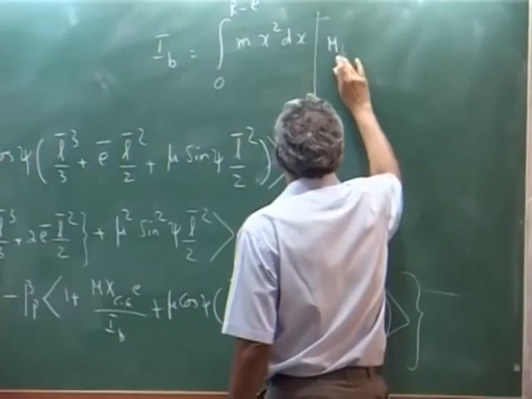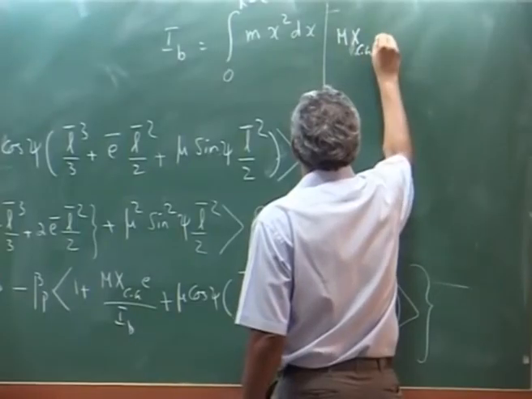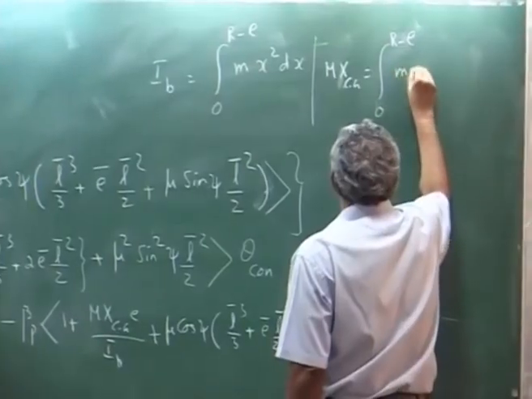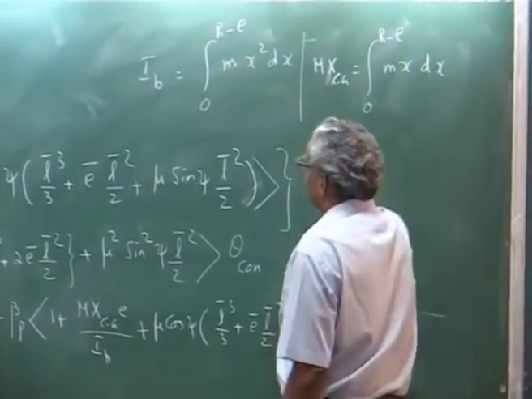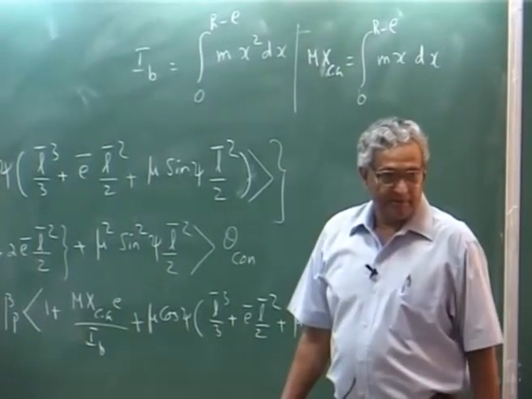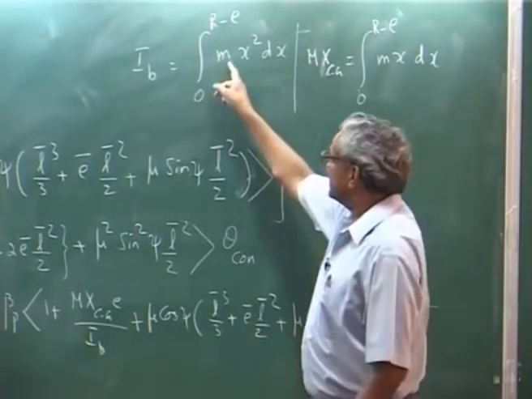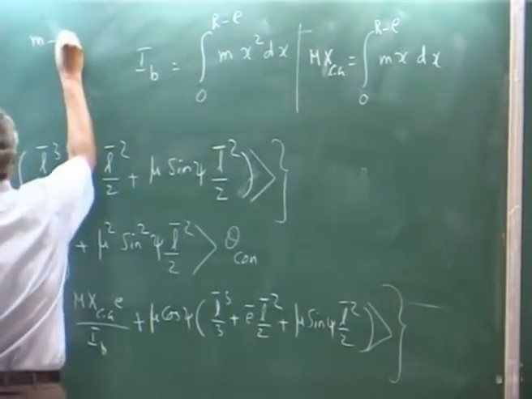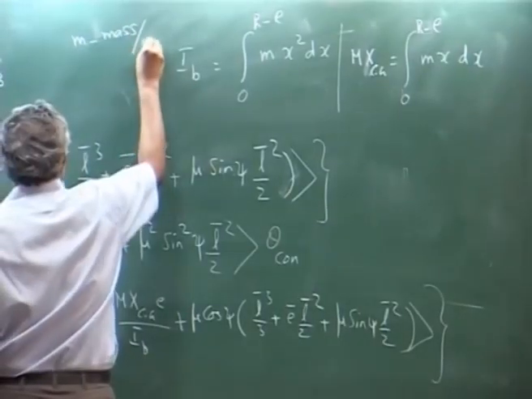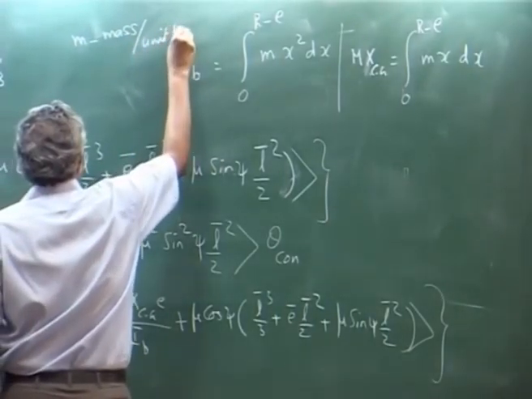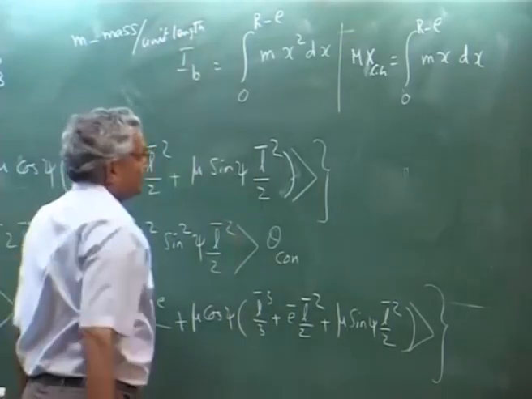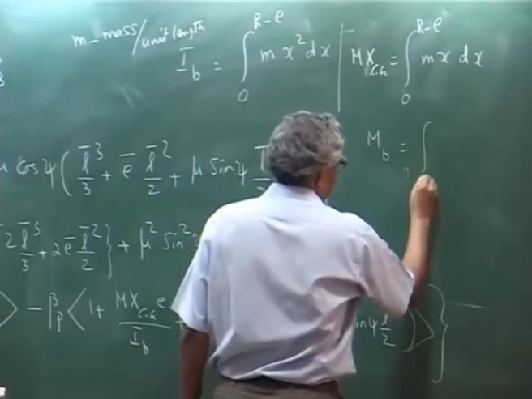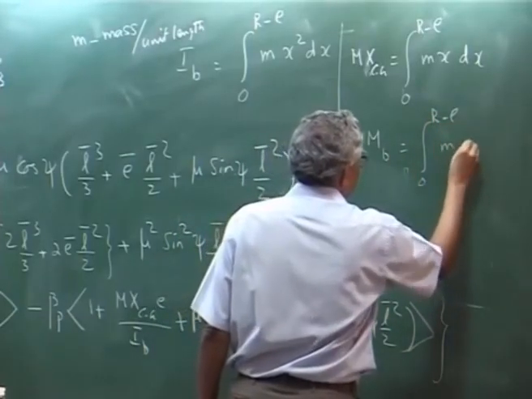Then m is mass per unit length. And then mass of the blade m b is the integral of m dx.